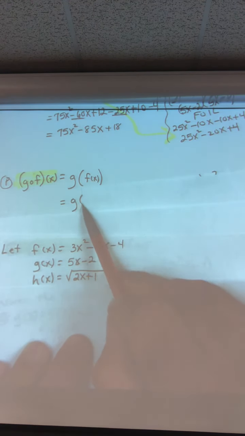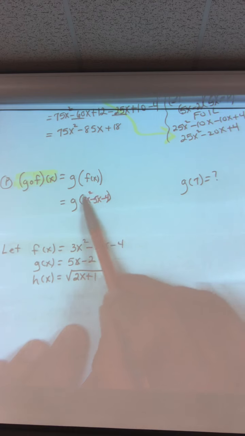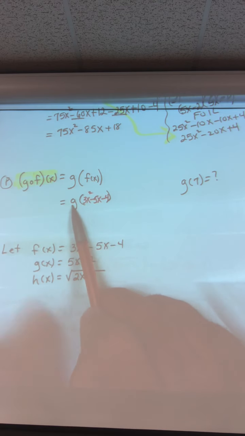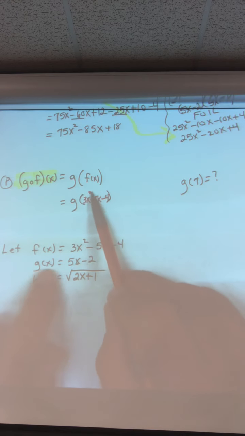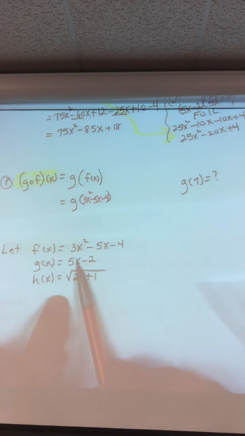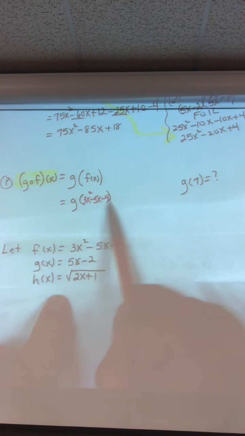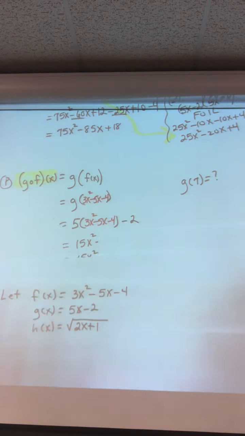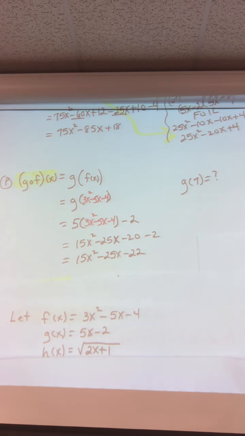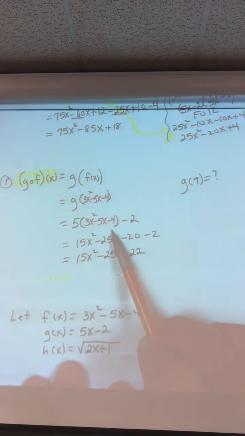Now, take everything you see in red, go to the g function, which is right here, and put everything in red right there in x's place. So it's going to be 5 times all of this stuff minus 2. Then distribute and combine your like terms.